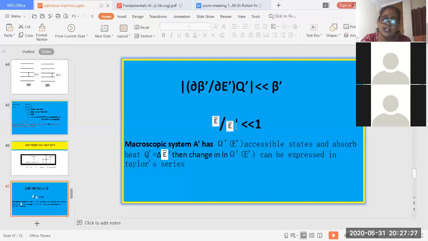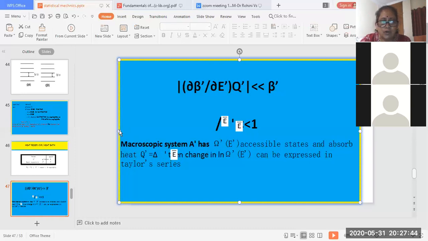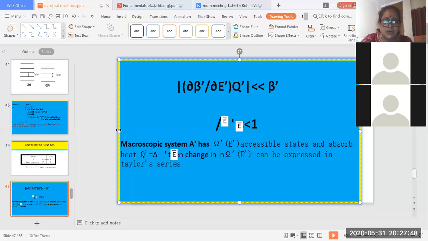If you take the ratio, it should always be less than 1. Then the definition of heat reservoir is valid. So where are we? We are at the definition of the macroscopic system A dash, which is acting as the heat reservoir.